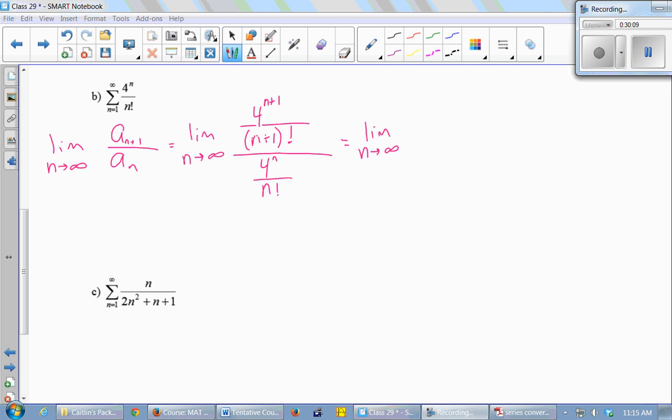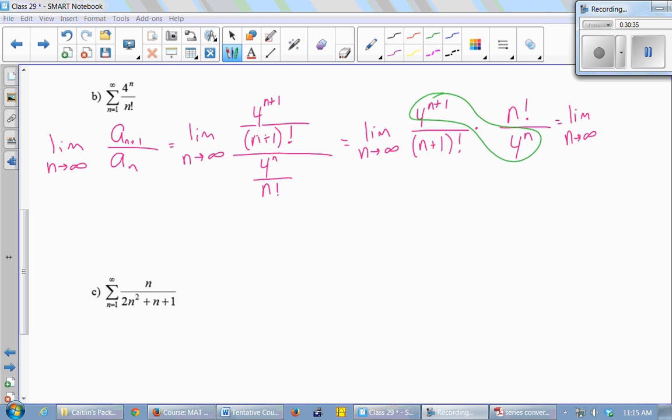So the first thing I'm going to do is my flip and multiply. This is 4 to the n plus 1 over n plus 1 factorial times n factorial over 4 to the n. All right, so we already saw how to reduce these two guys, right?